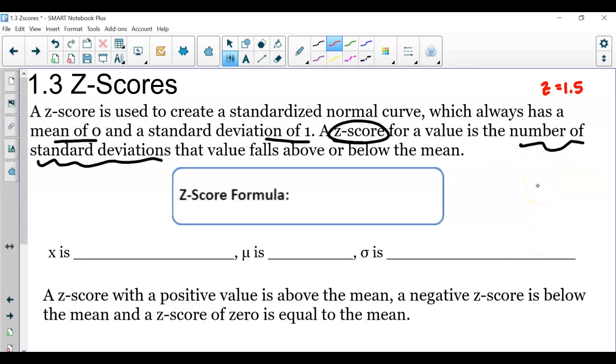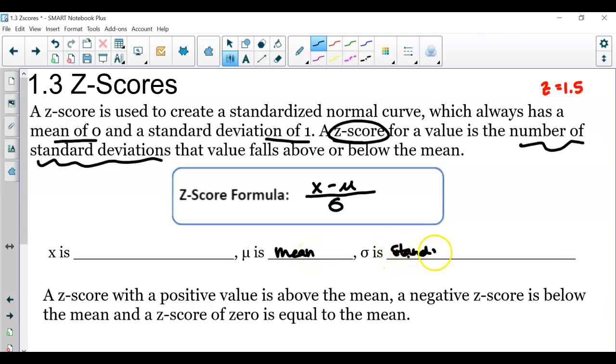So the formula for calculating the z-score is actually on your formula sheet, so you don't need to memorize it. But for reference, for today's lesson, we'll record it. So it's z = (x − μ) / σ. Now, we already know what mu is. Mu is mean. And then what is sigma?